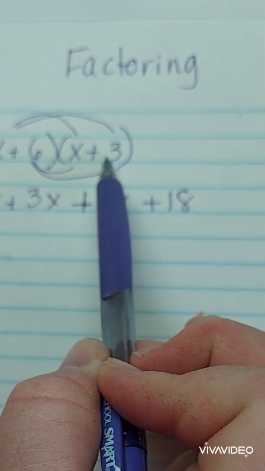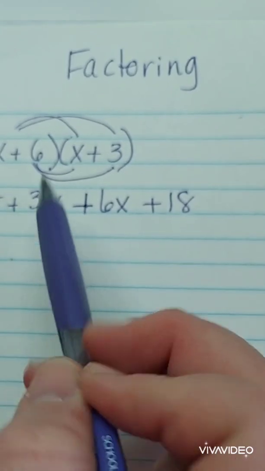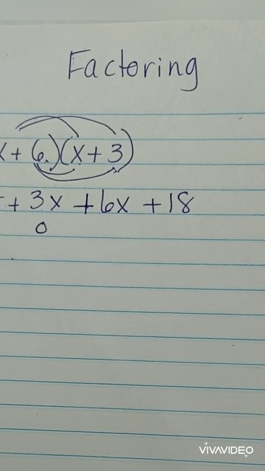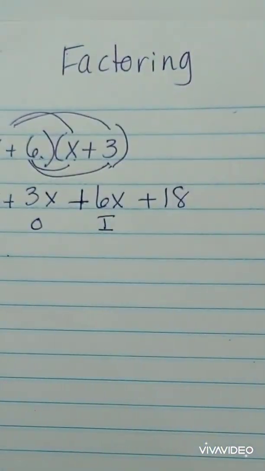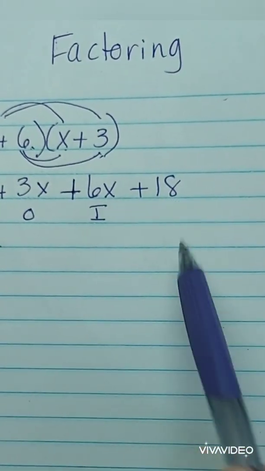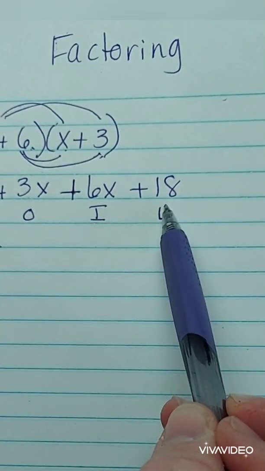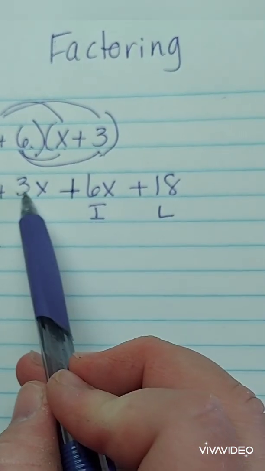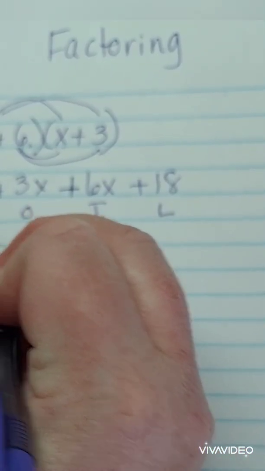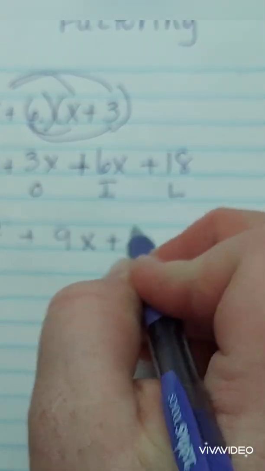This piece is coming from the x and the 3 to give you the 3x. So the outsides, 6 and x, are coming from the inside piece. And the 6 and the 3 are coming from the last piece. So notice that 6 times 3 gives you 18. But notice what happens with 3x plus 6x. Well, we know that this eventually can add to plus 9x plus 18.